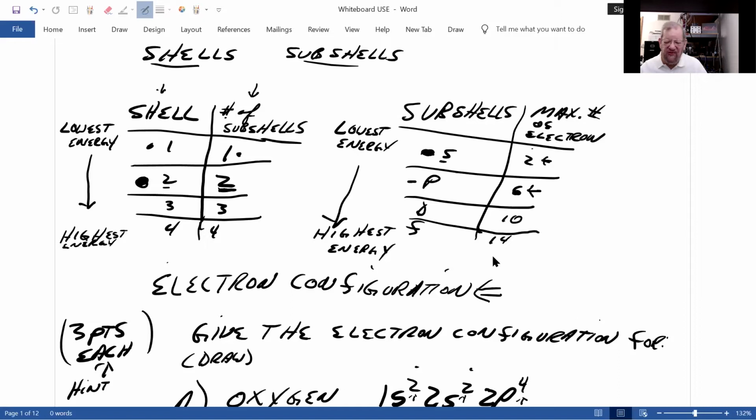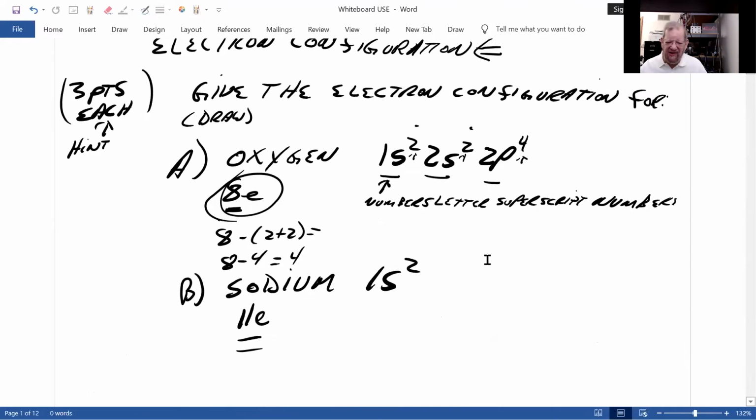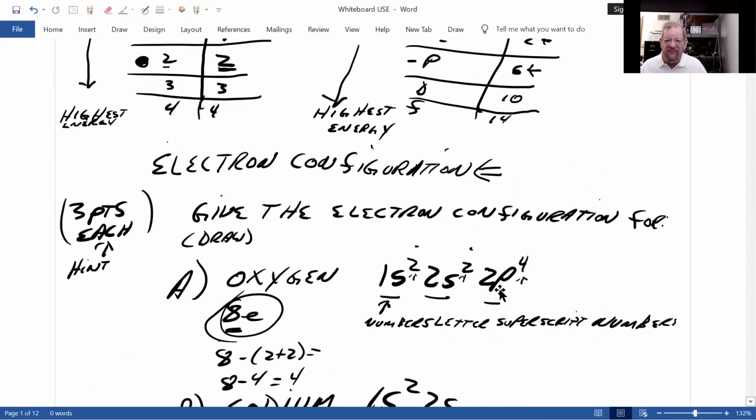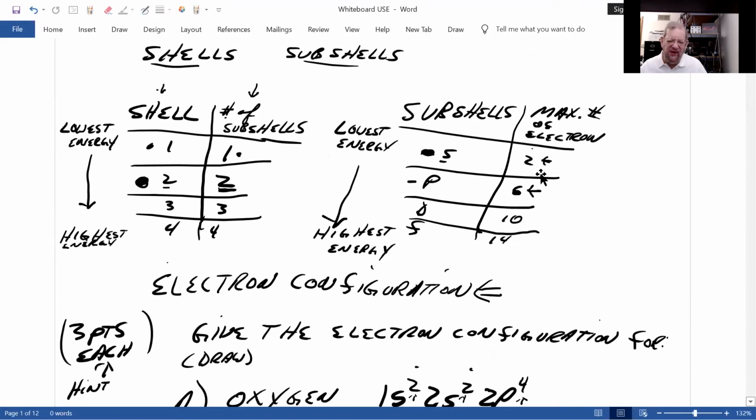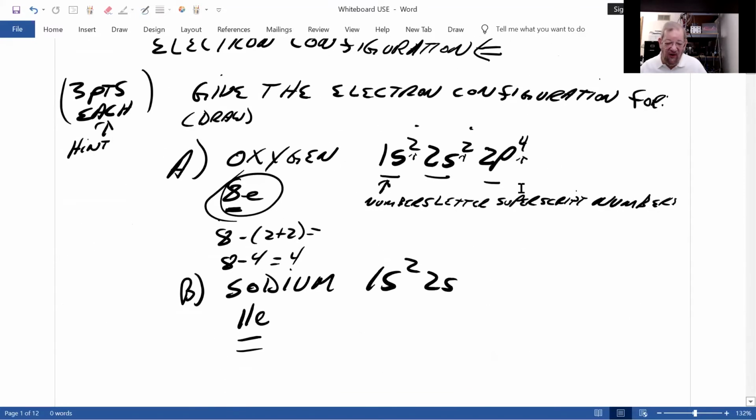The lowest energy is S. Remember, a subshell is a number and a letter, so that would be 2s. How many electrons can we put in any s orbital or subshell? They go by either name, and the answer is 2. So I'm going to do that. Am I done? No, 2 plus 2 is 4. I've got to get to 11.